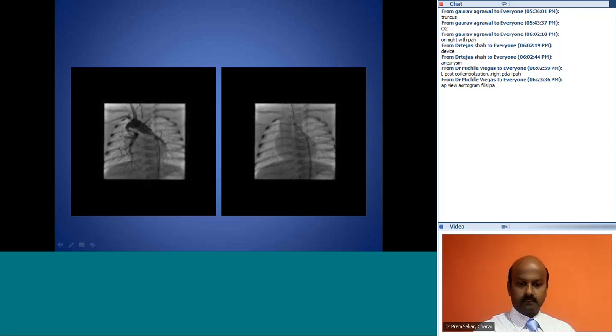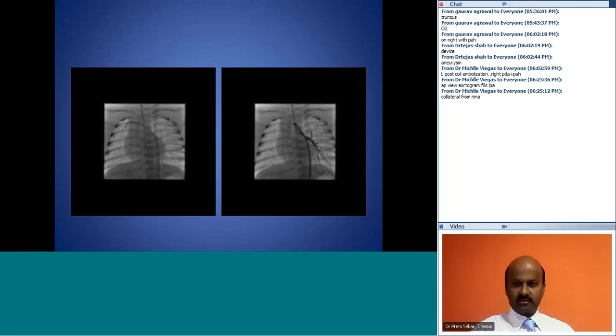And on the right you have an angiogram where selective injection is done into the duct perfusing the left pulmonary artery. So this is the same patient. On the left you have selective injection into the structure perfusing the right pulmonary artery, and on the right you have a ductal injection perfusing the left pulmonary artery.